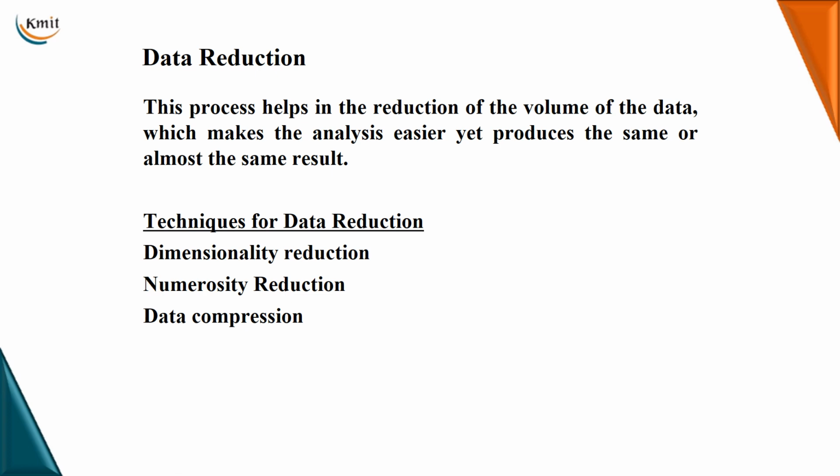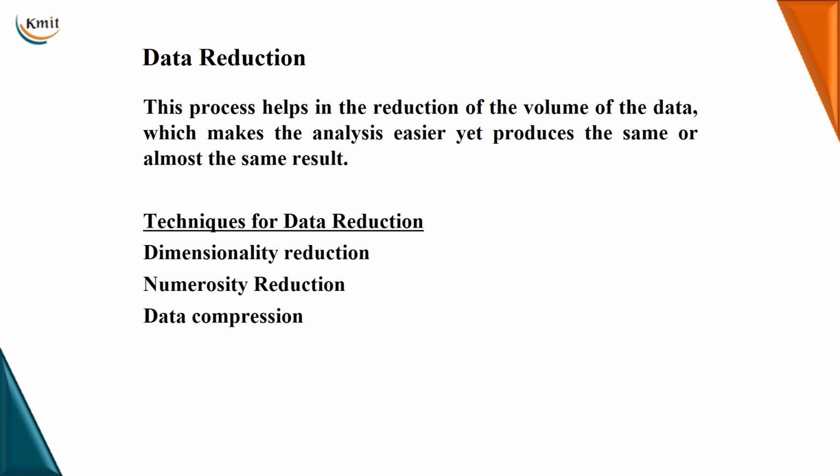As we have seen before, if the volume of data is reduced, the analysis is easier and it gives us almost a similar result or the same result. When I have reduced number of inputs, that is nothing but my dependency is less. When I have more number of inputs, my dependency is more. When my dependency is more, obviously I'll get poor performance. When my dependency is less, I'll get good performance. That is nothing but your dimensionality reduction.